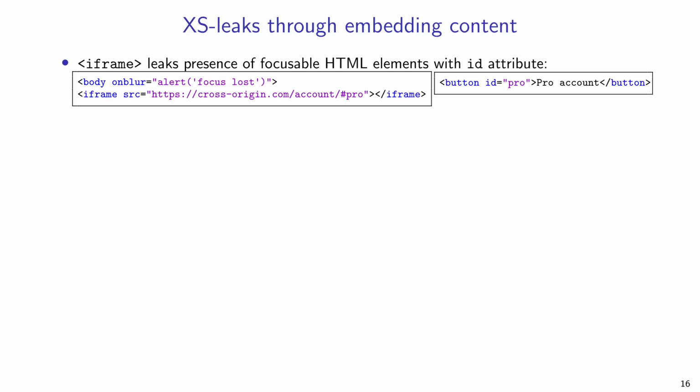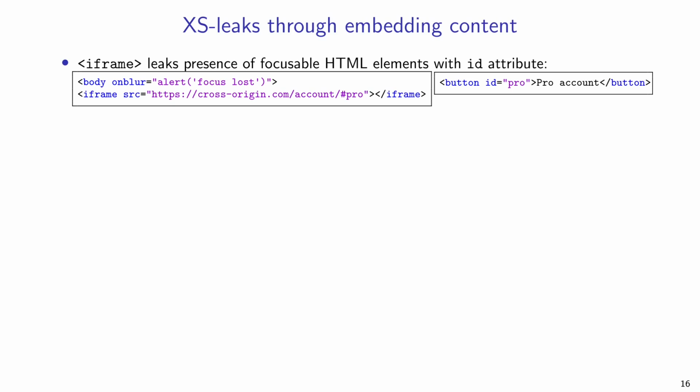The attacker-controlled website would embed the target website into an iframe and pass the ID attribute's value, pro, as the URL fragment. Now, if an element with ID equal to pro exists on the page, the browser will attempt to scroll to that element and the iframe will gain focus.